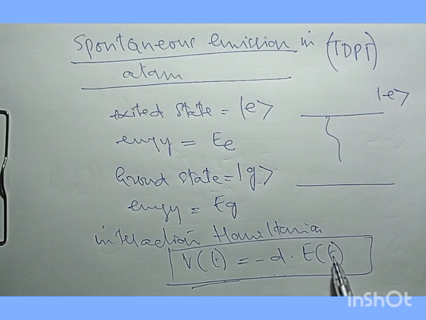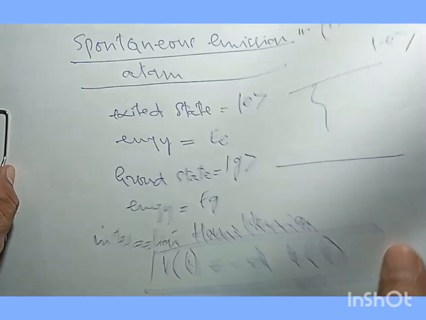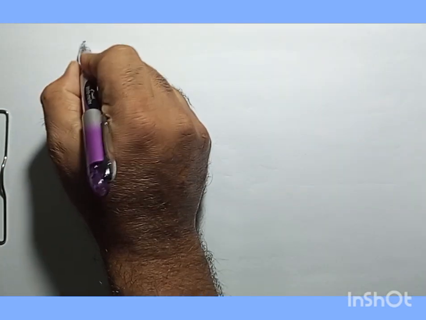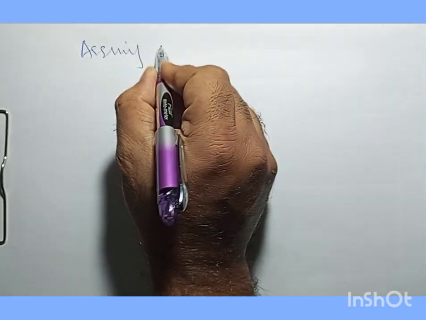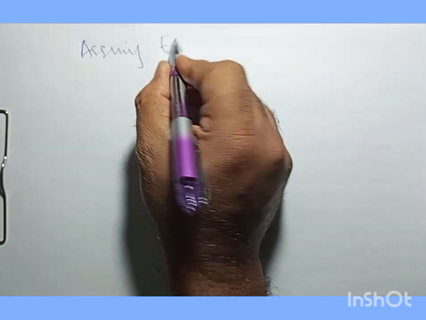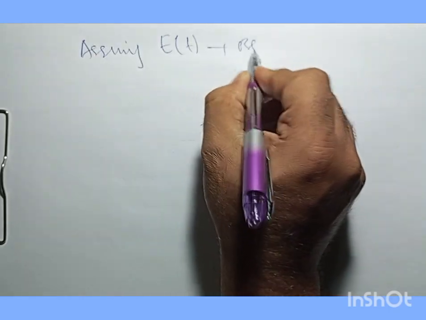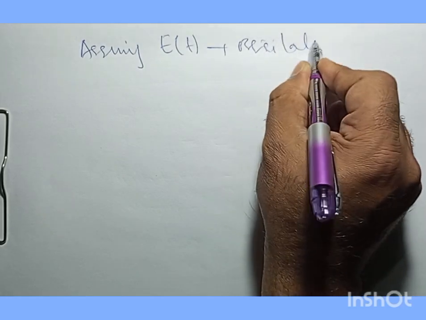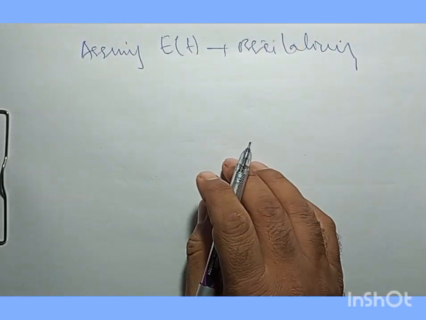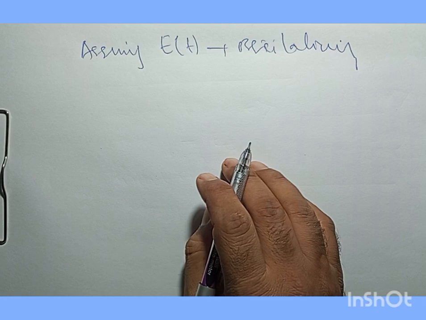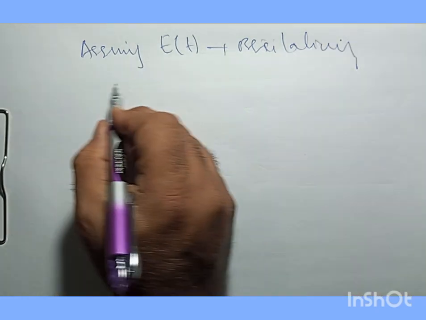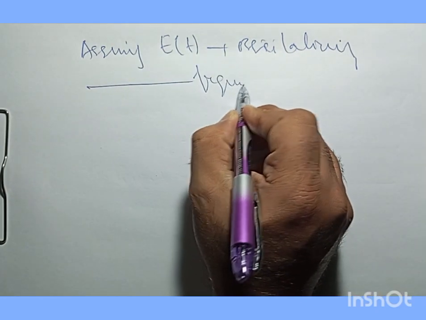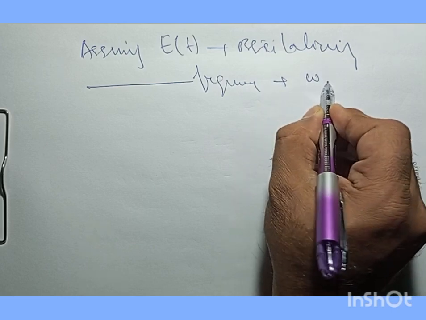So what we assume is that the electric field here is oscillating, oscillating with the frequency, let me choose that as omega naught.